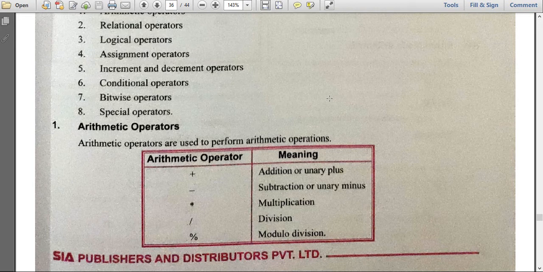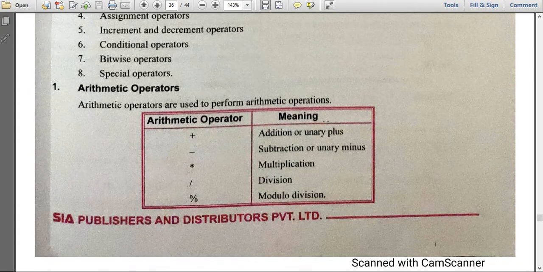If I use the percent operator? Remainder. Yes, right. So that is about arithmetic operators.